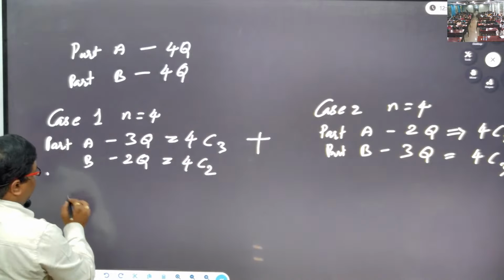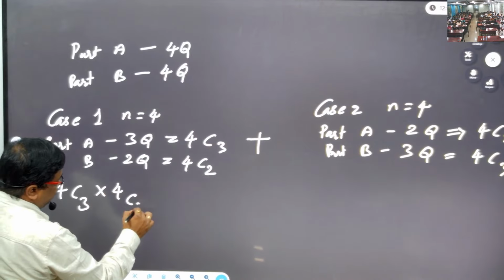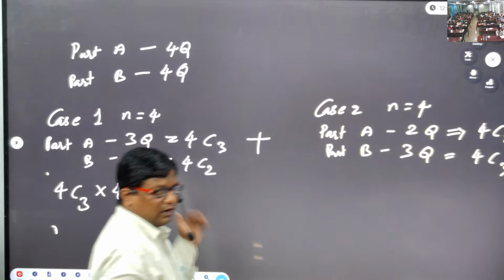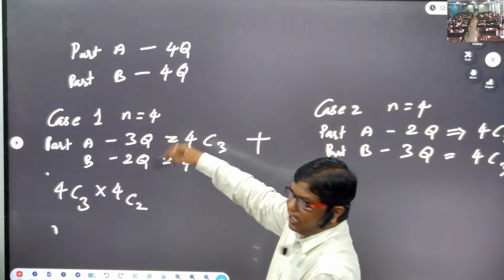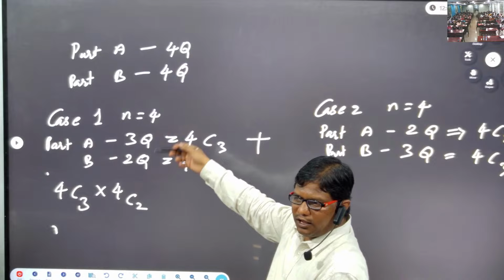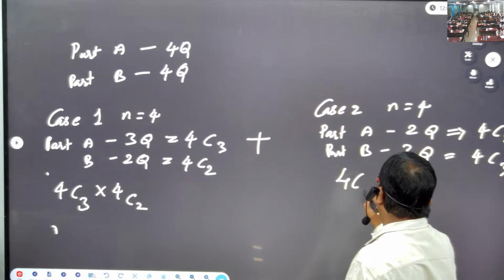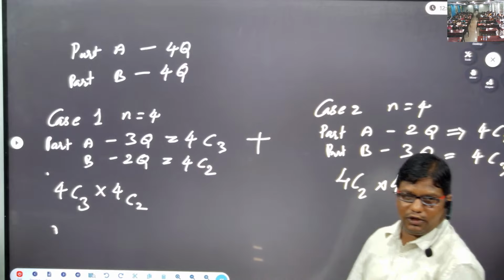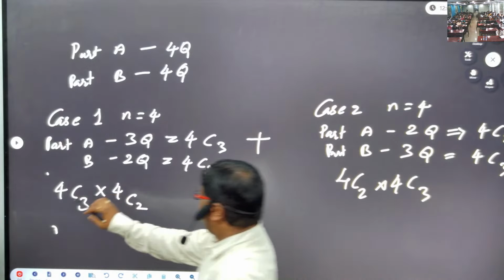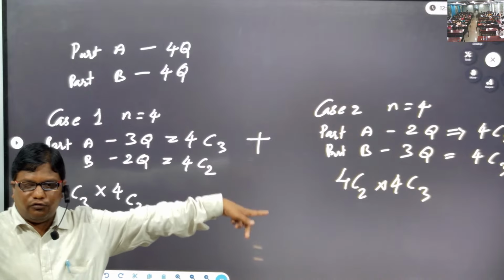So here 4C3 into 4C2 we need to calculate, that is, we have to multiply, because we have chances of attempting the questions. Here also 4C2 into 4C3. So it is 4C3 into 4C2 plus 4C2 into 4C3.